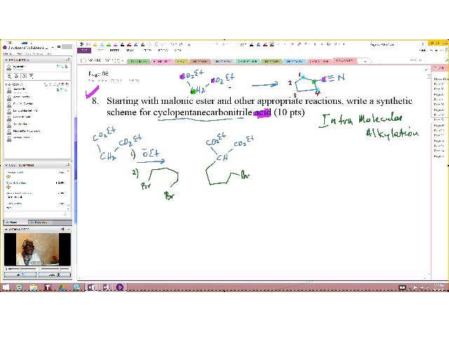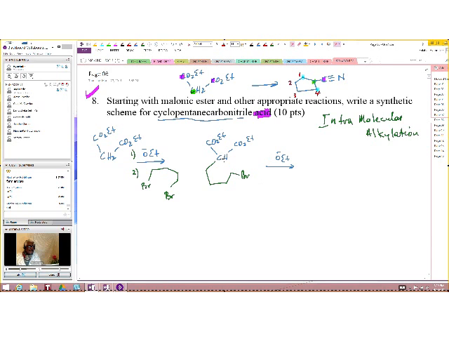And then what is the next thing that we do now? Can anybody tell us what is the next thing that we do? Another enolate formation, another alkylation. Excellent. In this particular instance, we already have this here, so we don't even need to say step 1 because it's part of the molecule.